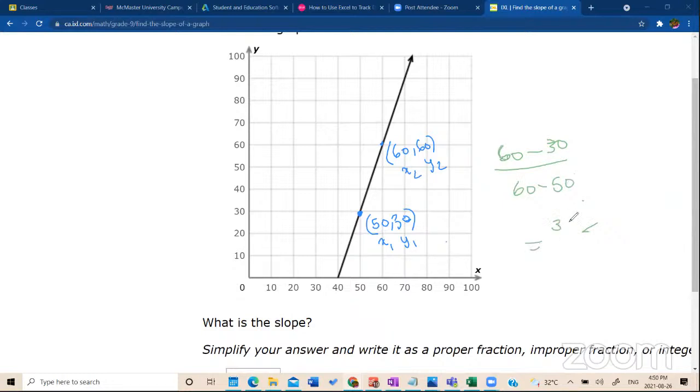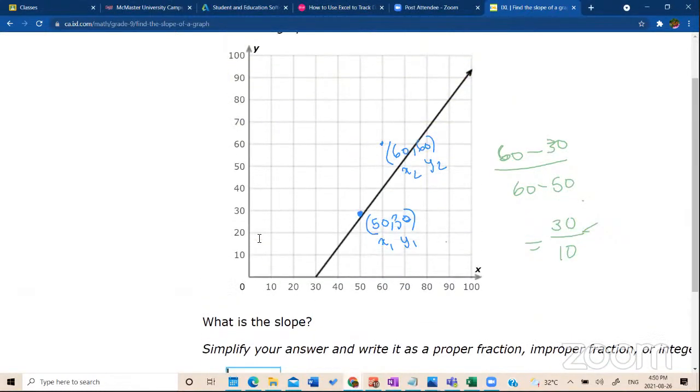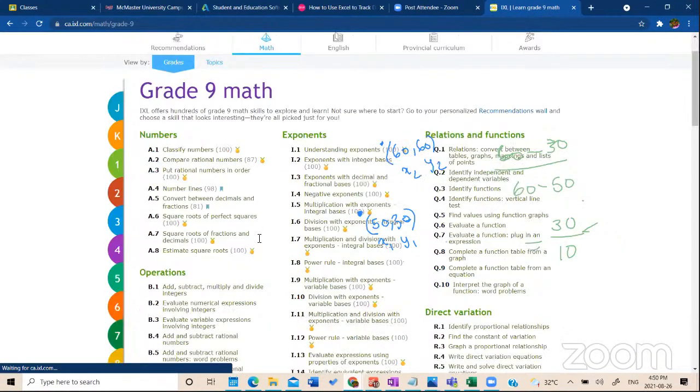So that gives us 30 over 10. And if you simplify it more, it's going to be 3. Yeah, 3 over 1, which is 3. So we can just write 3. Very good. Okay, so I think you know how to do this pretty well. Let's go over something else.